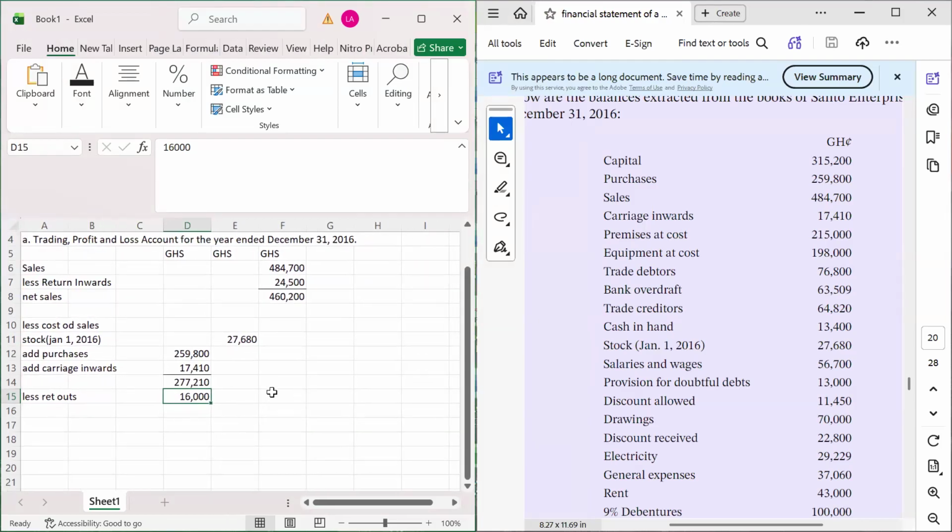Okay, so this is less return outwards. That is giving us this.